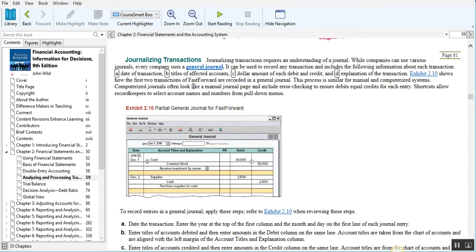So they've coded this example in Exhibit 2.10 to these letters to identify what these components are. There will always be a date. There will always be a title of a debit account, and the debit will always go first, and then you'll indent slightly to the right, and that will be the credit account. The debit will appear in the left column, the credit will appear in the right column.